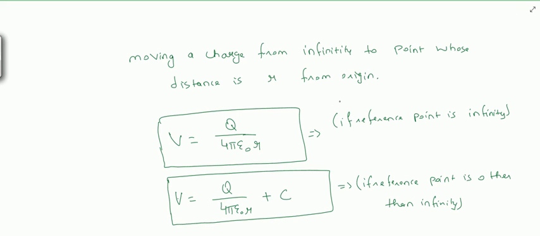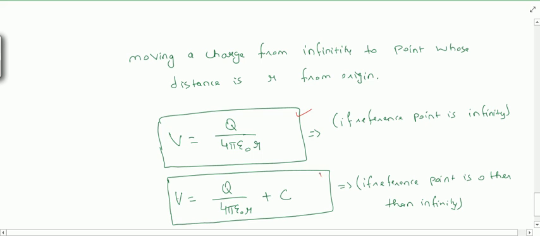Okay, now we have seen that if the point charge is present at the origin, then electric potential is this or this, depending on the reference point.